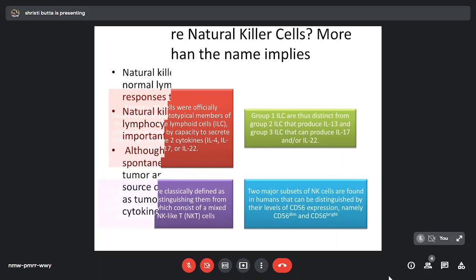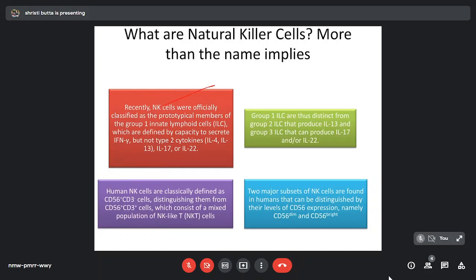So what are these natural killer cells? Recently, NK cells were officially classified as the prototypical members of the group 1 innate lymphoid cells. It is important to note that they are the group 1 innate lymphoid cells.